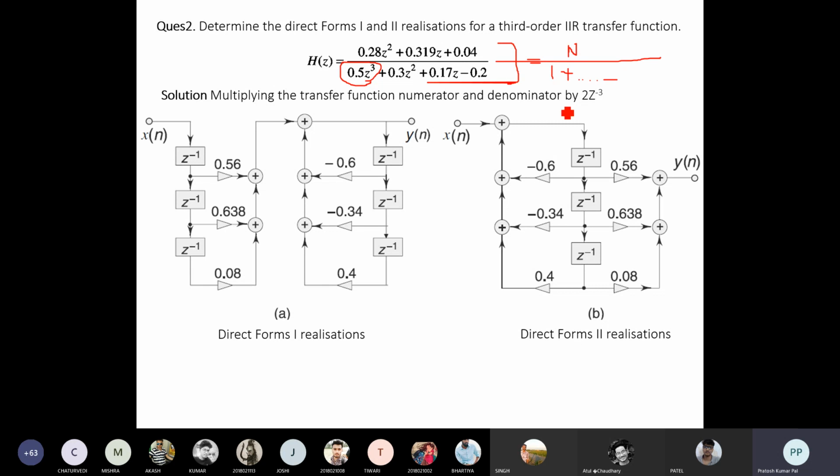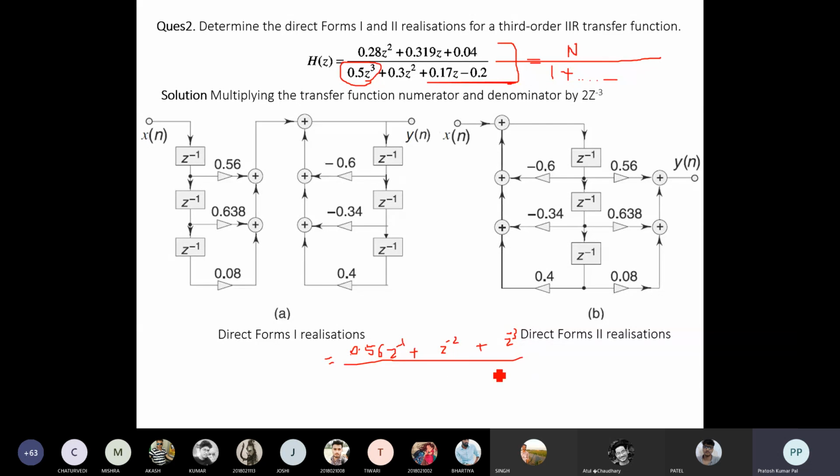So in the numerator it will be represented in terms of 0.5, 0.56 z to the power minus 1. The second term will be whatever coefficients are there, z to the power minus 2, and then whatever coefficients are there, z to the power minus 3.